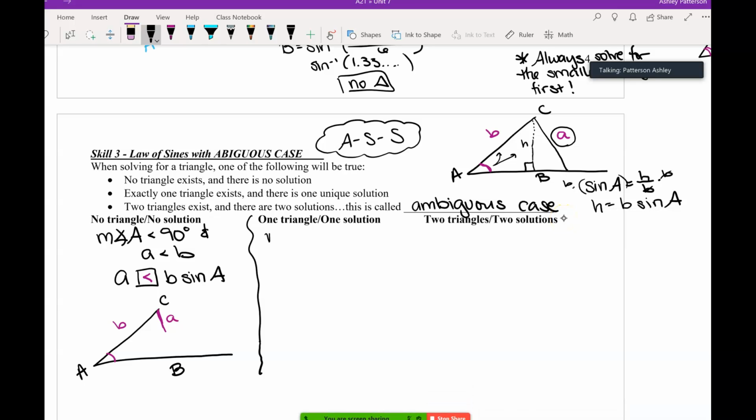Now, let's say that the measure of angle A, so the measure of the given angle, is still less than 90 degrees, and the corresponding side is less than the non-corresponding side.